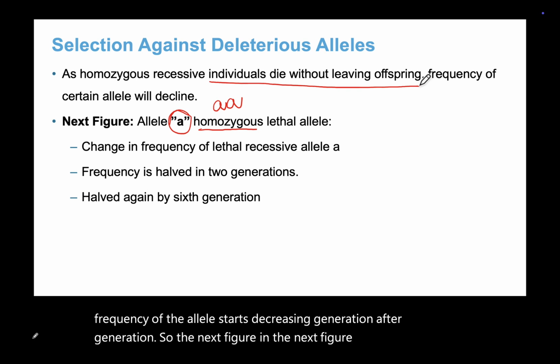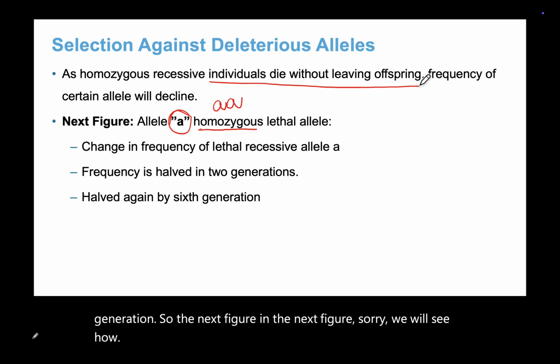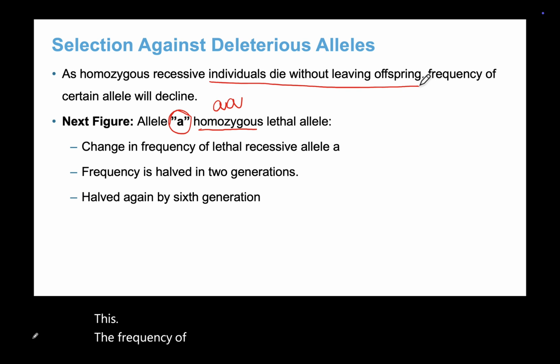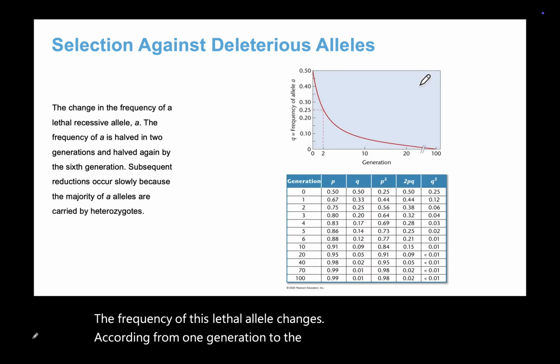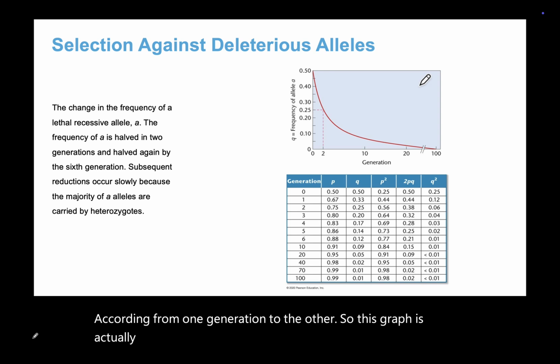So in the next figure, we will see how the frequency of this lethal allele changes from one generation to the other. So this graph is actually summarizing how the frequency of the allele A changes over generations.